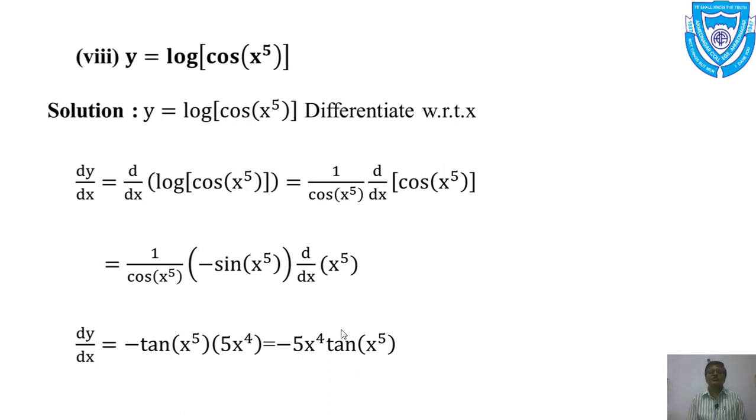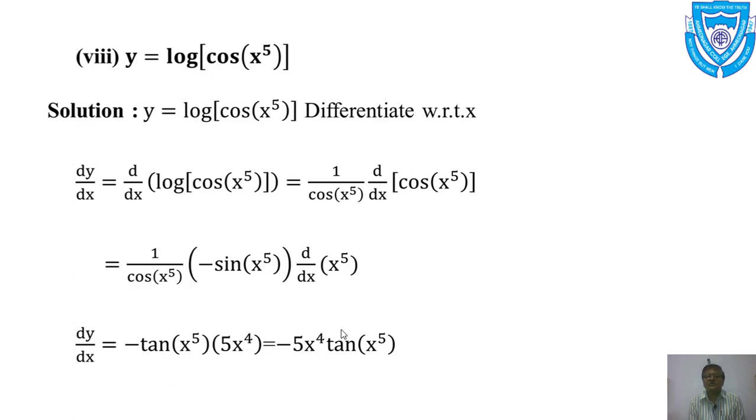Let us move to next example. y is equal to log of cos of x raised to 5. So here three functions. y is equal to log u. Derivative of log u is 1 upon u. So derivative of log of cos x raised to 5 is 1 upon cos x raised to 5 into derivative of cos x raised to 5.